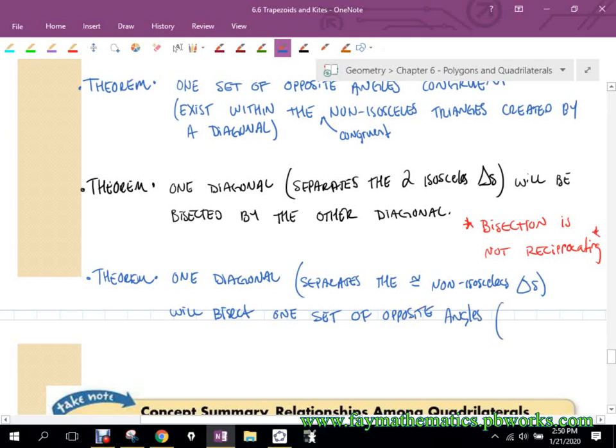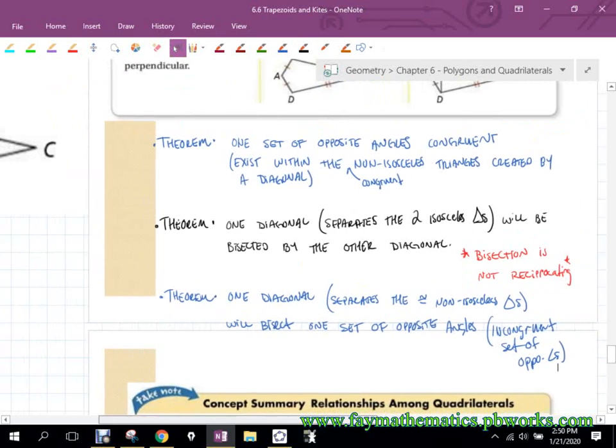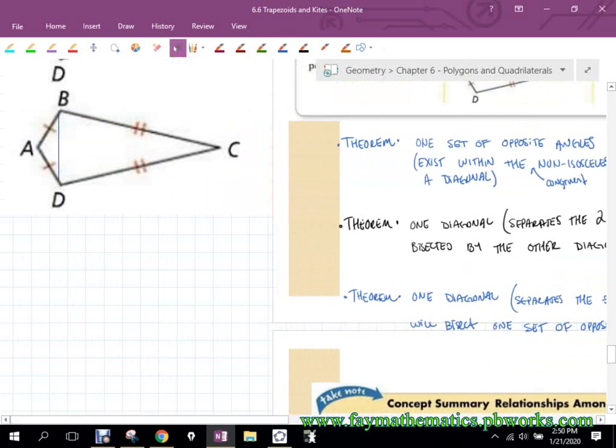And that one set of opposite angles are, I'll write this way, the incongruent set of opposite angles. So we're getting at there, and I'll go back to that in a minute.